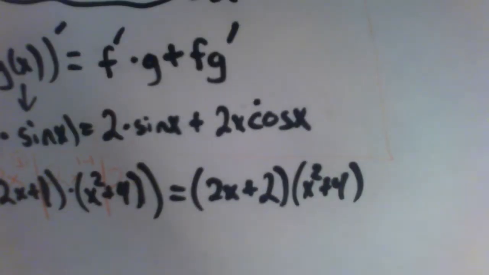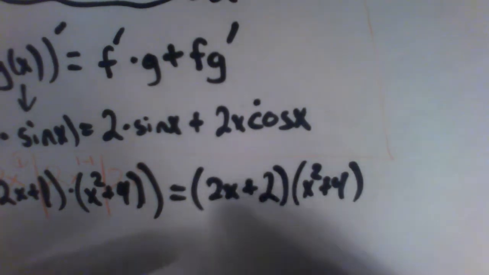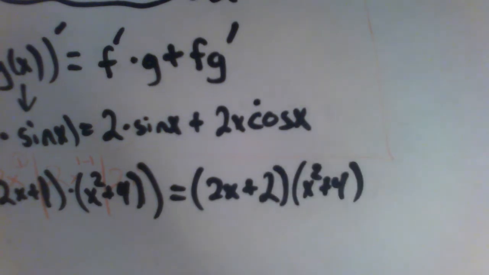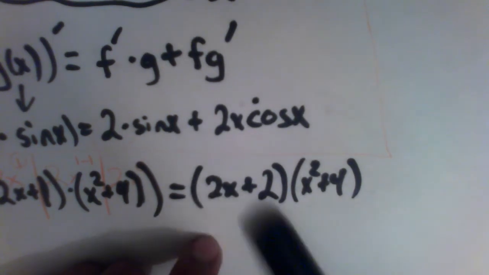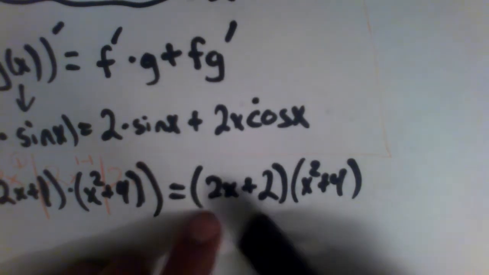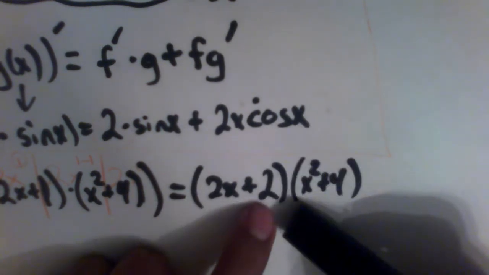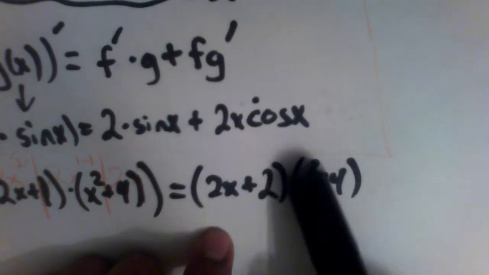So just bear in mind that you could leave your final answer how it's going to be. We haven't finished it, but you could also distribute. But if they want you to distribute, make sure you don't say it's 2x plus 2 then x squared plus 4 without the parentheses, because then you're probably going to end up distributing the x squared into these two.